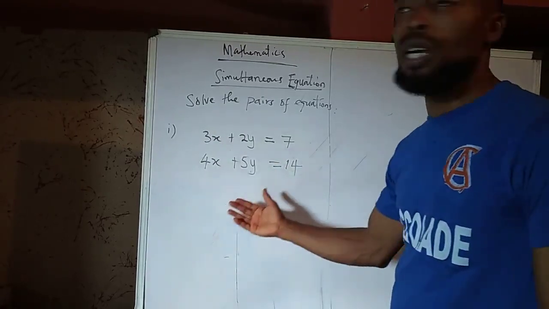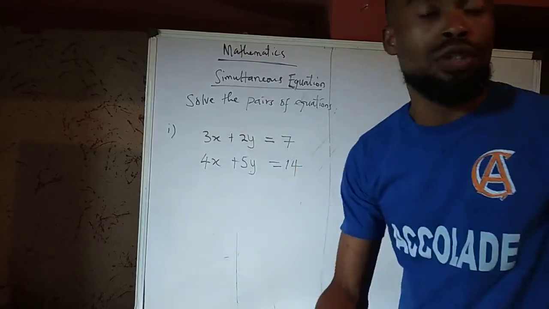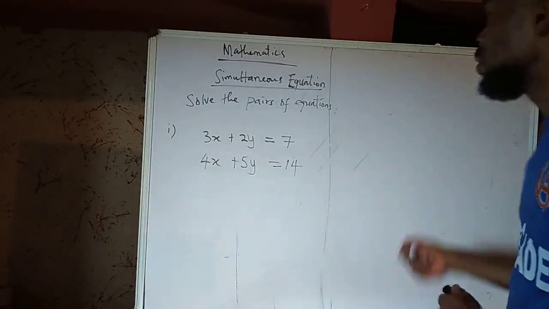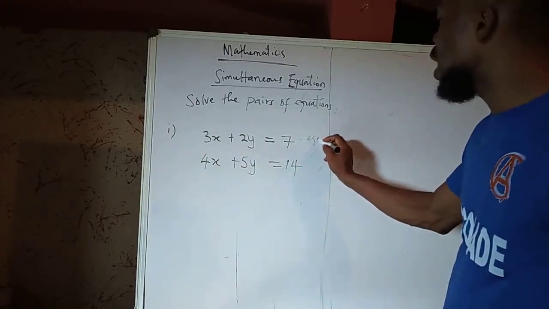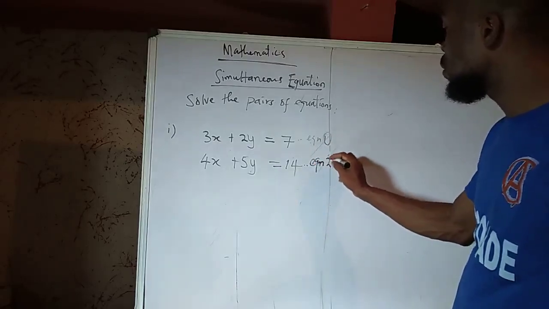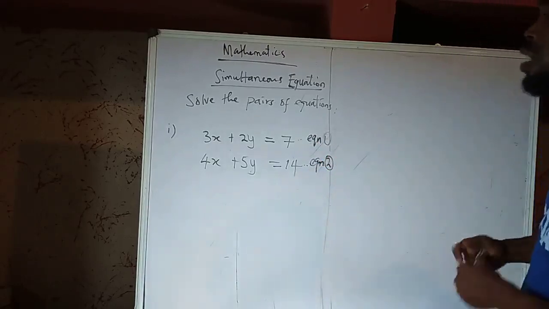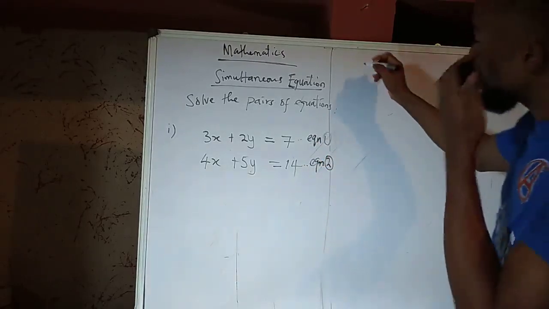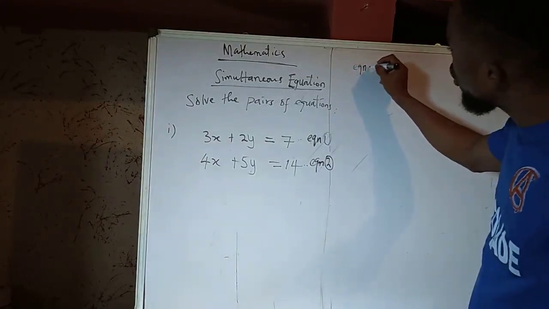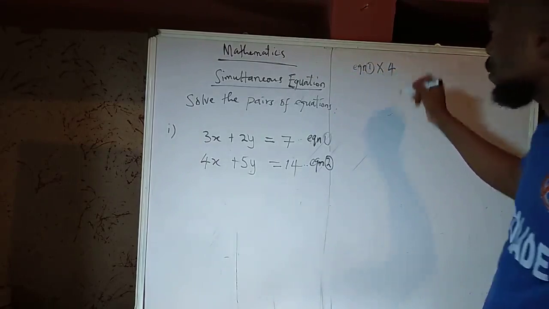So the question now becomes, if we want to eliminate x, how do we make the coefficients become the same? And that is quite simple. So this is equation 1. This is equation 2. What we are going to do is say equation 1 times 4.